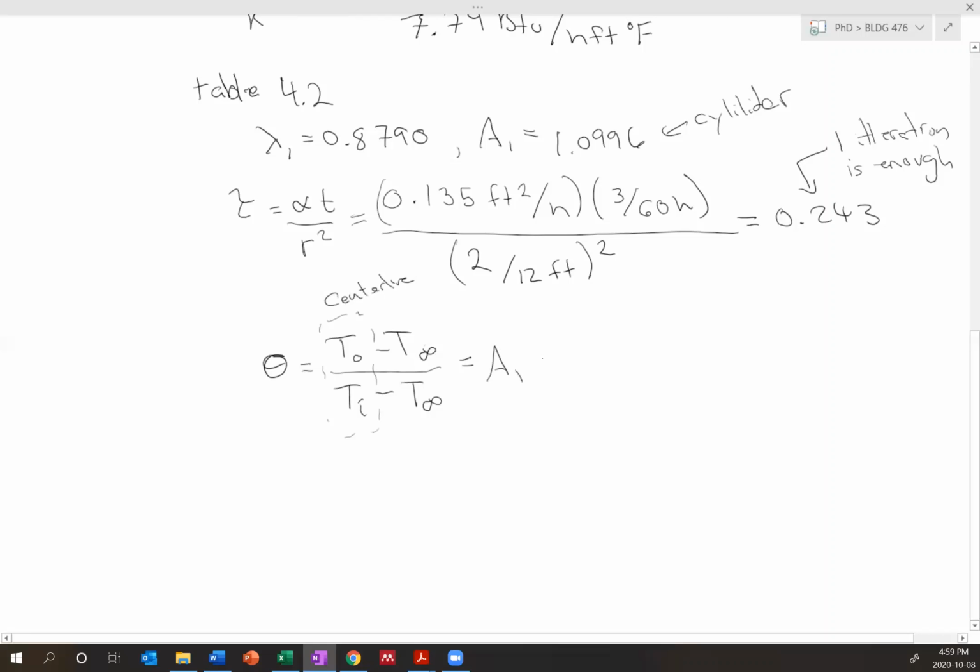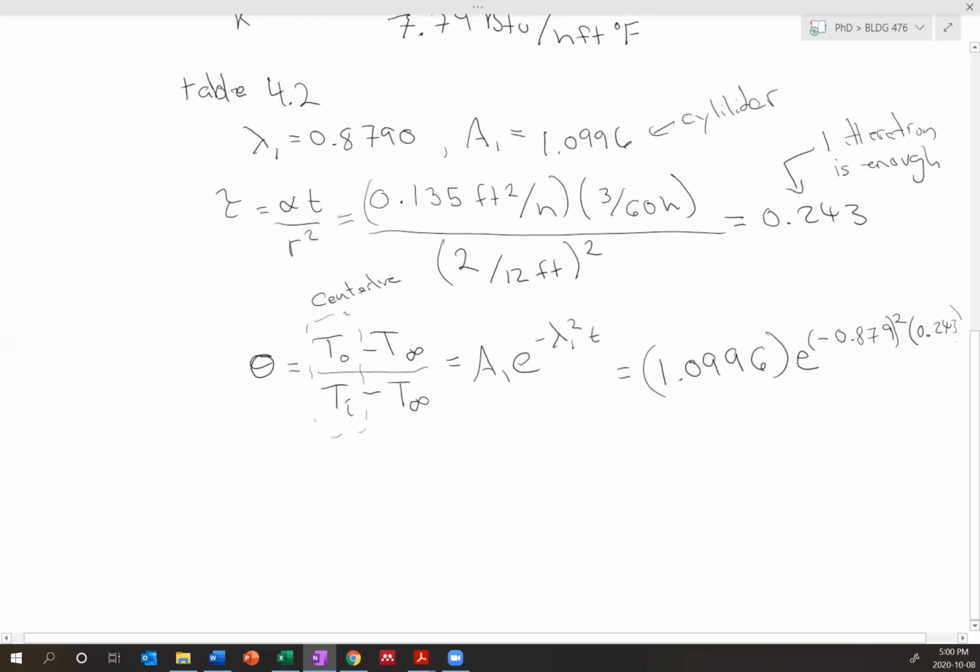This is equal to A1 e to the minus, which is our 1.0996. This will be equal to 0.911.